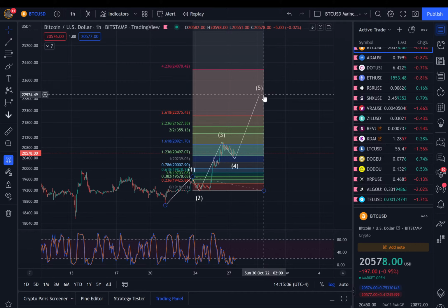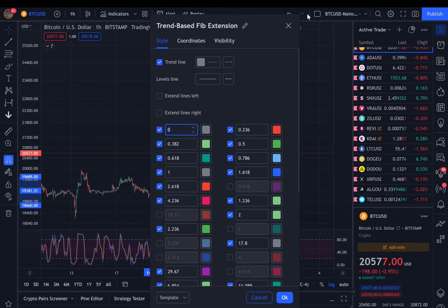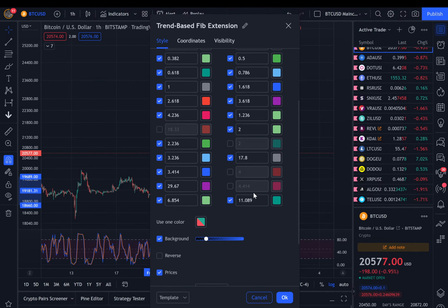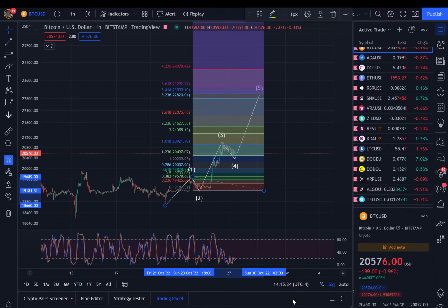Is that the... what is that? The 3? Let's see about that. I've seen that on multiple projects. That extension. Let's try to see what that is. Okay, and whatever that is, we're going to keep. I'm not a mathematician, so it's between the 3.236 and the 3.414.